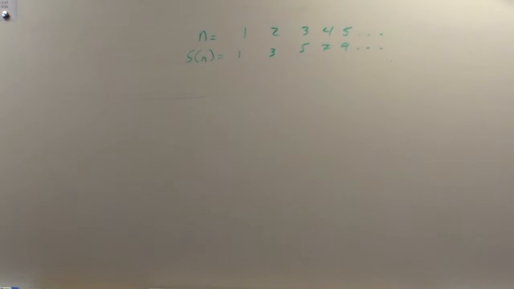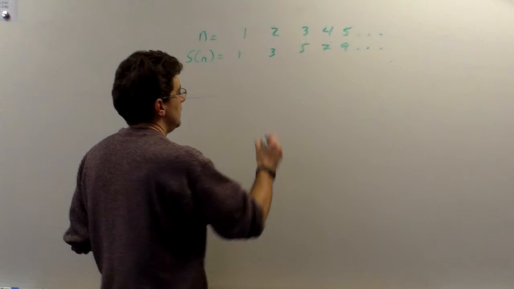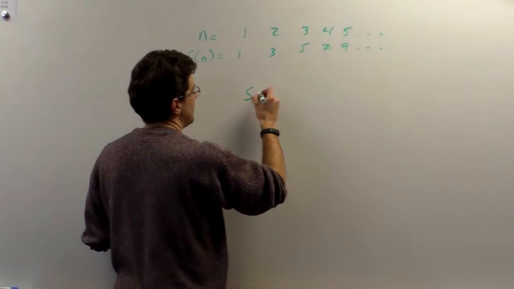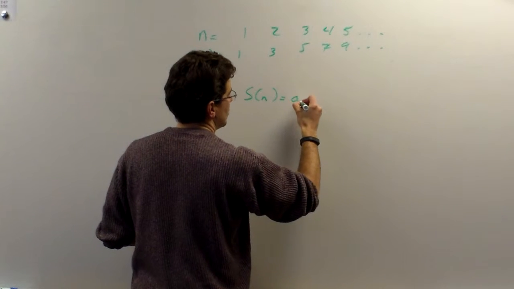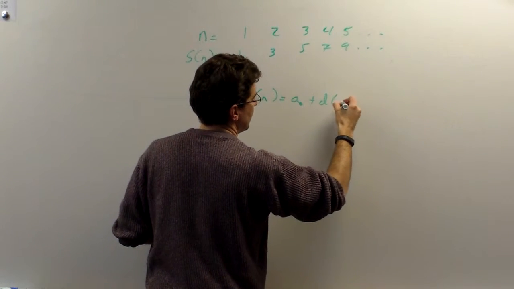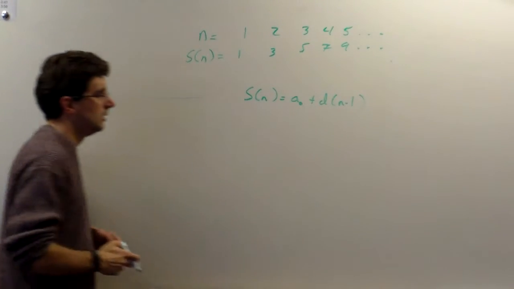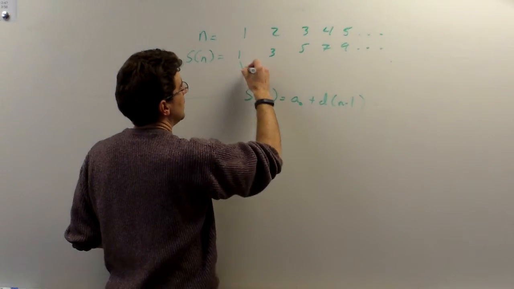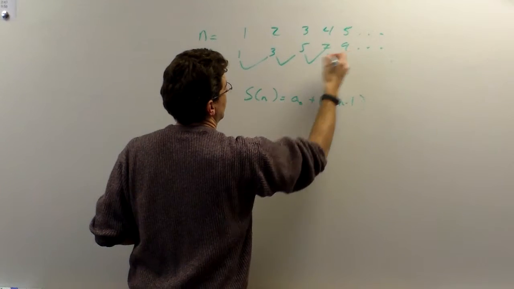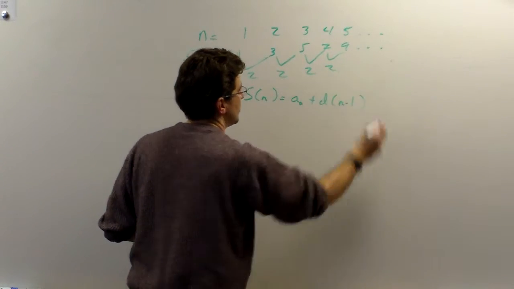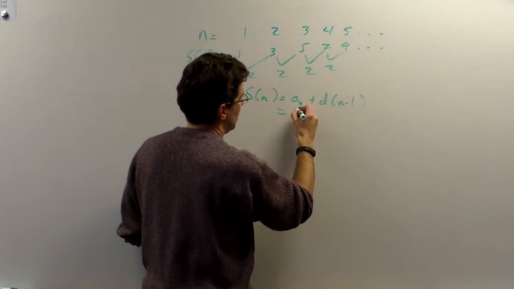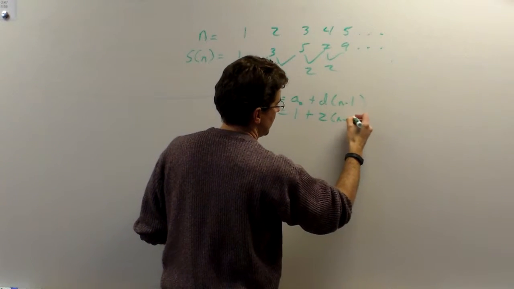There are a couple of ways to approach this problem. One, we can think about writing an explicit formula for this. So S of n equals our initial term plus the difference times n minus 1. The difference here, we have to analyze this first. And once you analyze, you realize there's a difference of 2 each time, right? Our initial term is 1. 1 plus 2 times n minus 1.